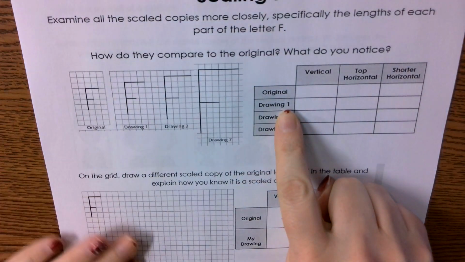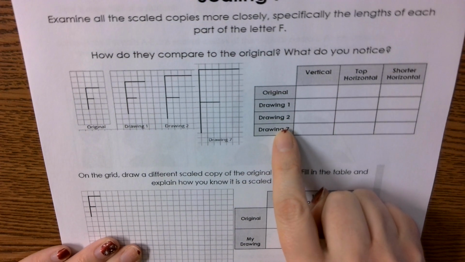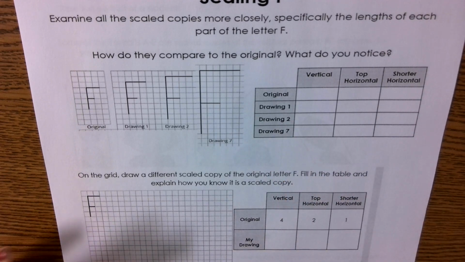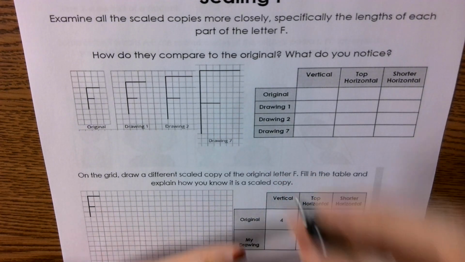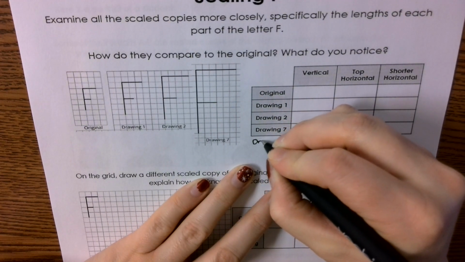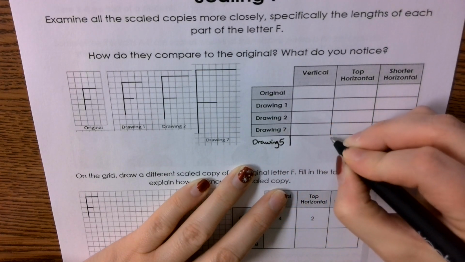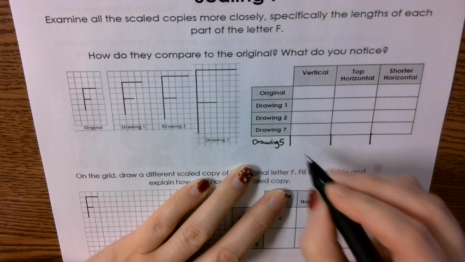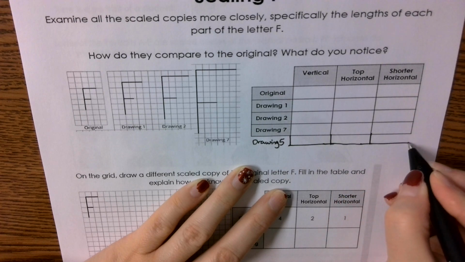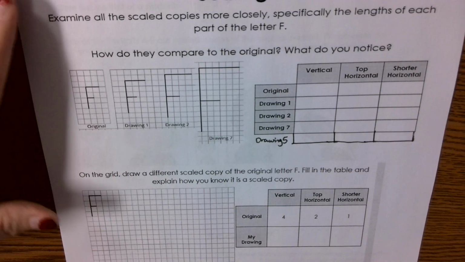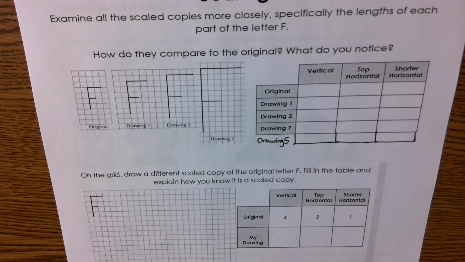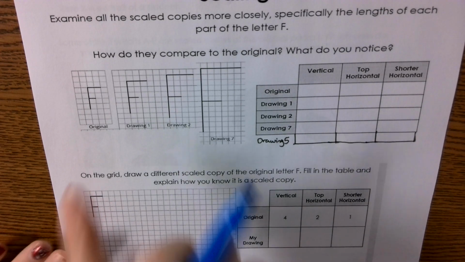So on the back, I've written down that drawing 1, drawing 2, and drawing 7 are our actual scales. Right below that, we're going to put down drawing 5 because I'm going to show you by checking these dimensions here. So we are going to count the measurements for each of the lines from the original.